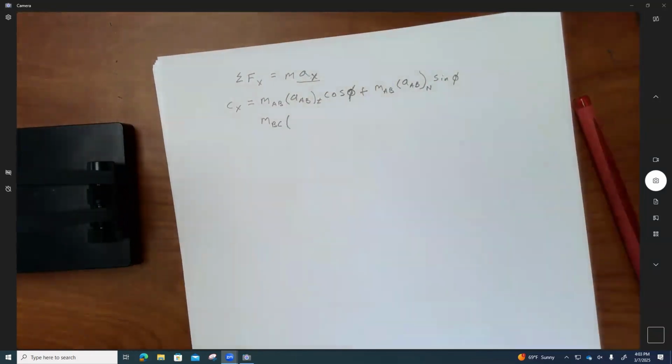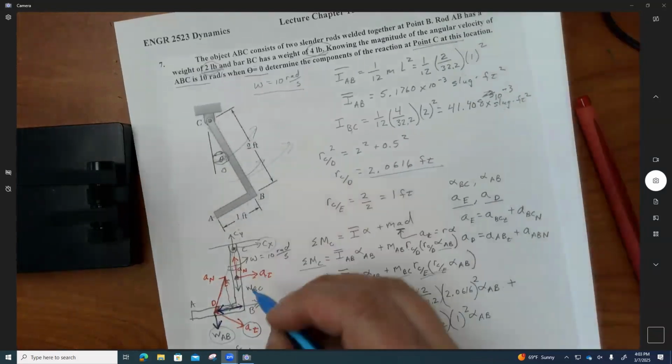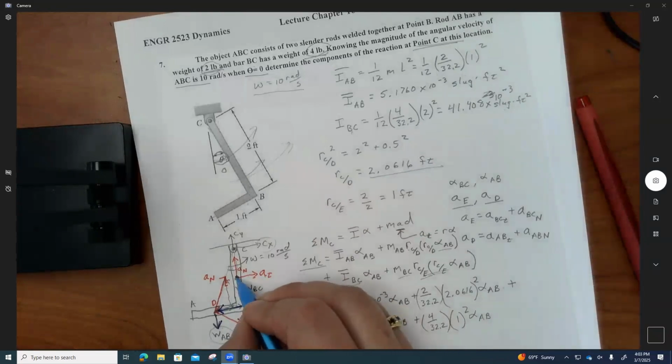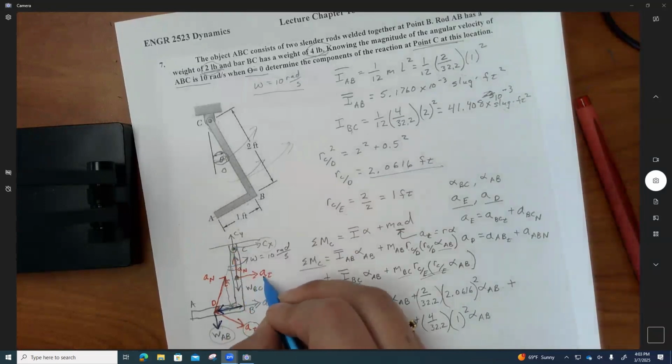Now we're going to have a component for BC. And is that going to create a moment around the point C?